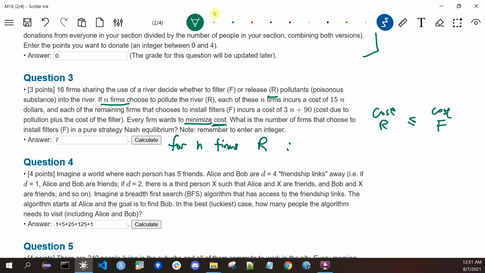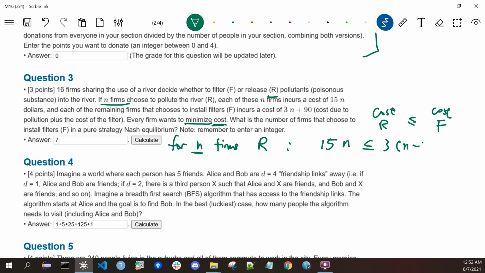So then we just need to compute the costs. The cost from R is, the coefficient is large, so there's large cost with the pollution. And in comparison, if they install the filter, which costs like 90 units, probably not $90, we should have something like this. But the problem is the N firms are in equilibrium, they are picking R. So if they switch, there are no longer N firms.